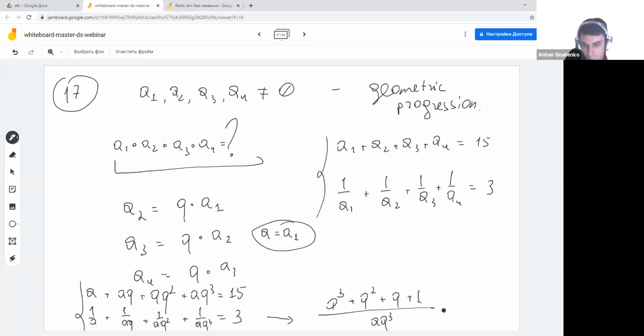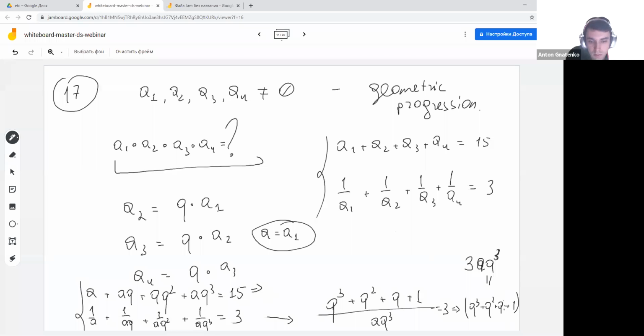Okay, AQ cubed equals 3, which means that this sum itself equals 3 times A times A times Q cubed. Yeah, I just multiplied both sides of the previous equation by A times Q cubed, and this is what I obtained.